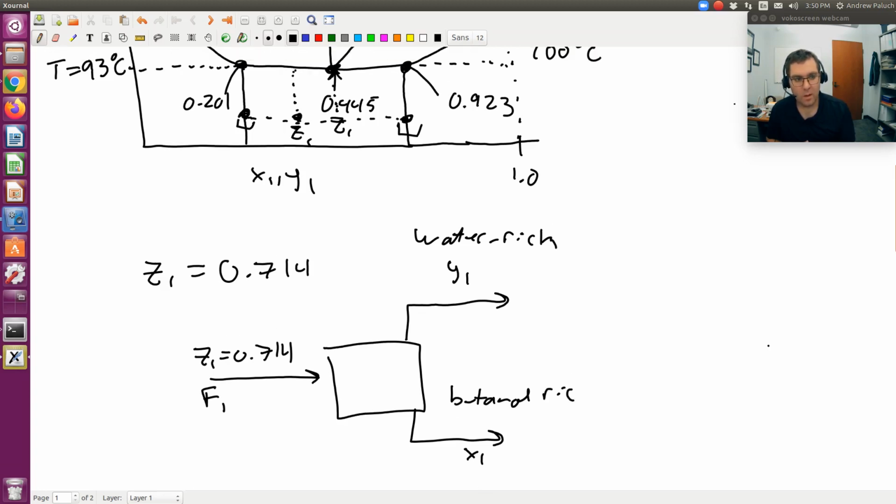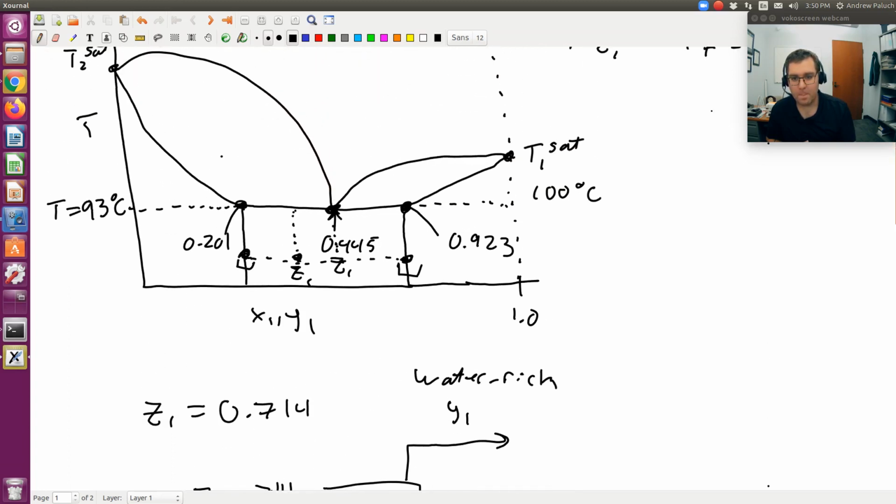Okay, so basically, I'd be somewhere in between these 2 points. So let's just say 50 degrees C I know is below this dividing line. So if I had, say, this Z1, okay, and let me draw it in red so it kind of stands out amongst all the other ones. Okay, so 0.71 would get me somewhere around, say, here. Okay, so since I'm in the LLE region, so I know I'm between the azeotrope and this point, but I will get phase separation.